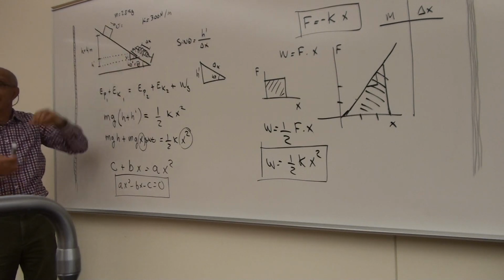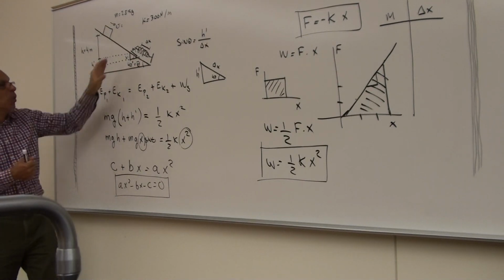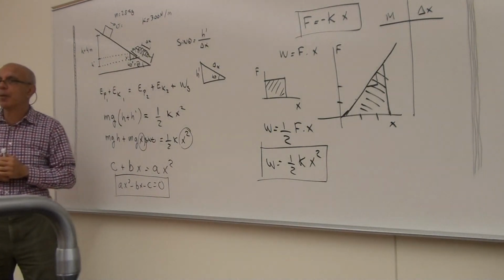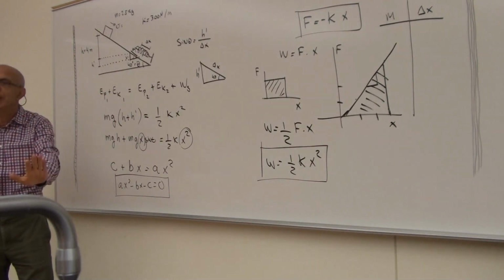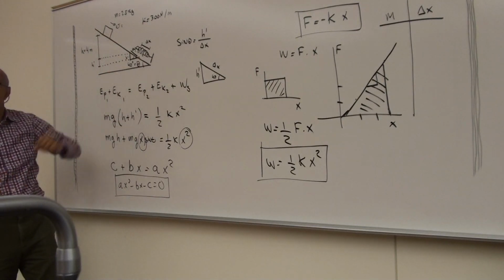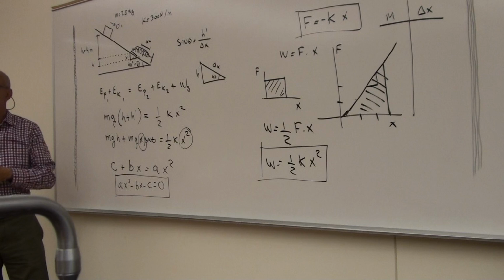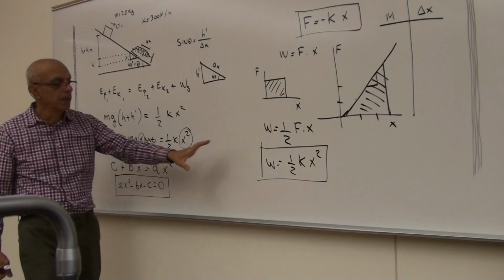This is elastic potential energy, because when it's compressed, it has energy to push back. If I remove the block, the spring is going back. Stored energy on the spring.